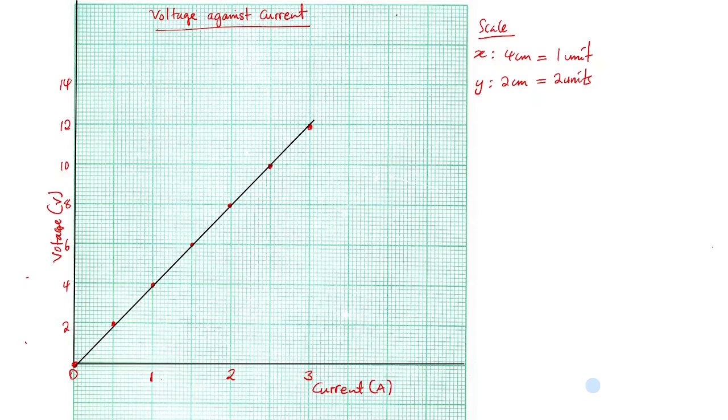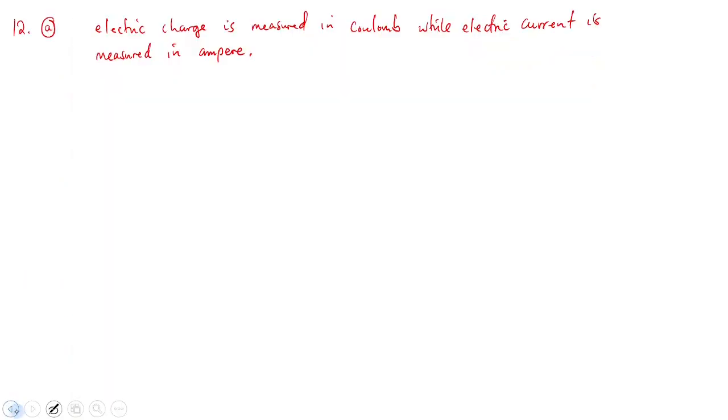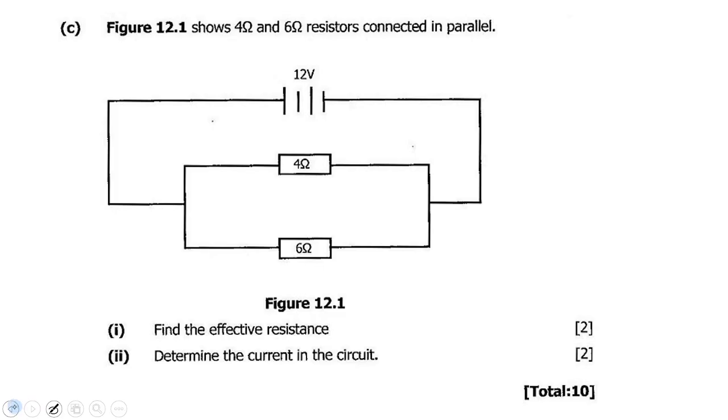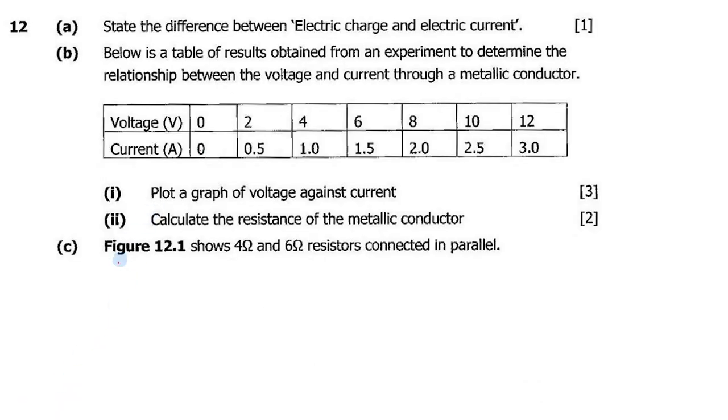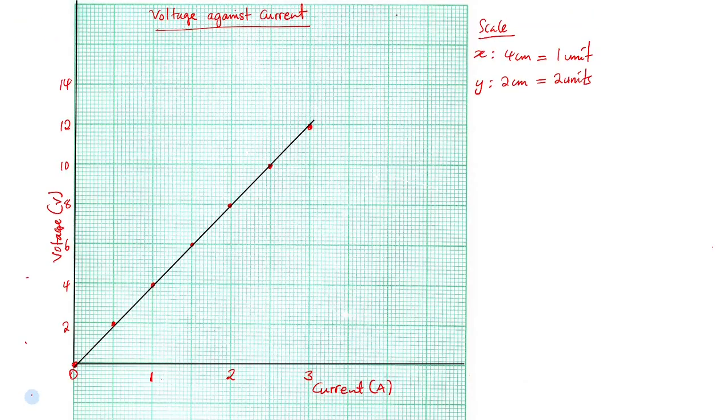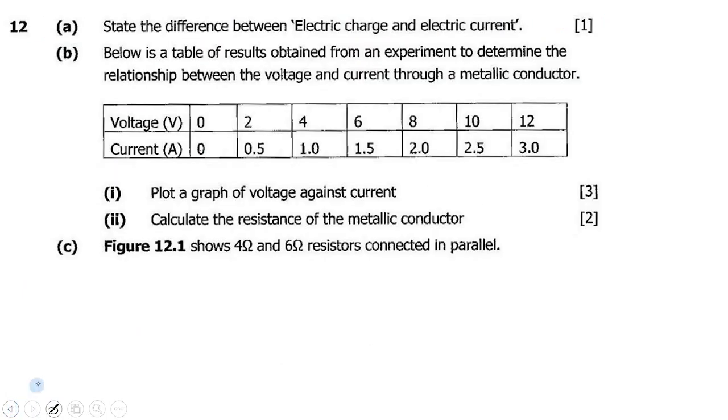You see? So simple. So we get back to the other question. So here we have answered, this is 12B1. Then you come here. They're saying to calculate the resistance of the metallic conductor.